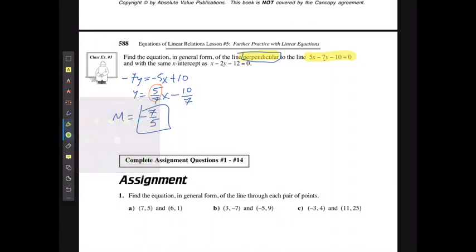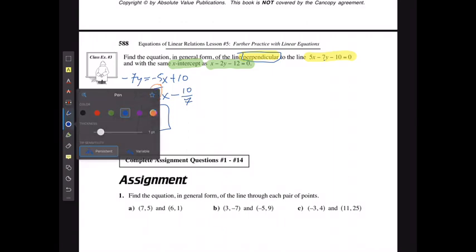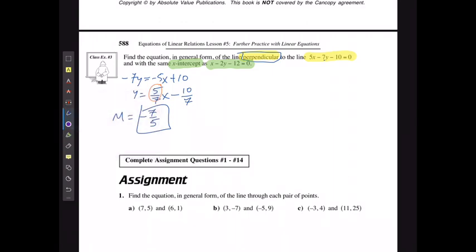Next, it wants the same x-intercept as this equation. Well, the x-intercept is the value of x when y is equal to 0.